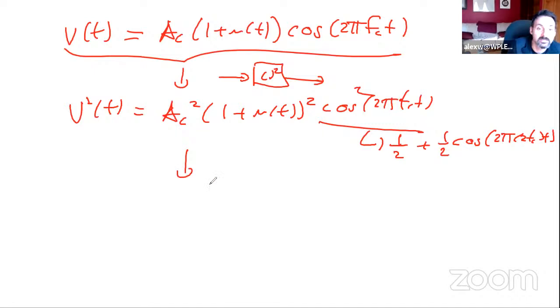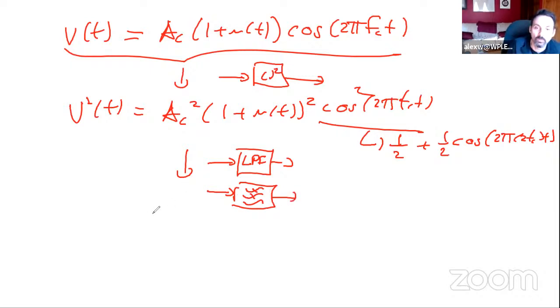What happens next? The low pass filter, LPF. Some places also symbolically represent a low pass filter as this, only the bottom bar is crossed out. What does a low pass filter do? It takes out the double frequency term.